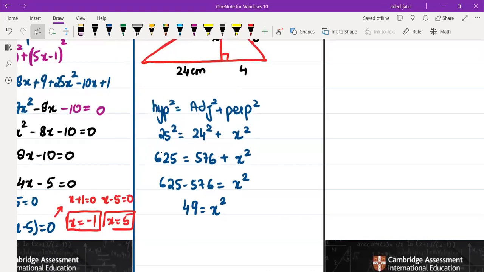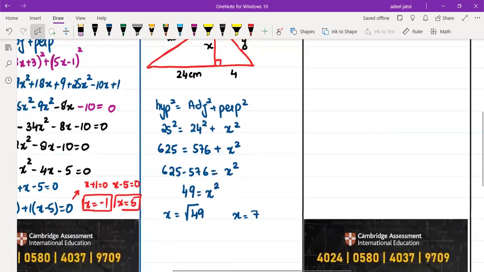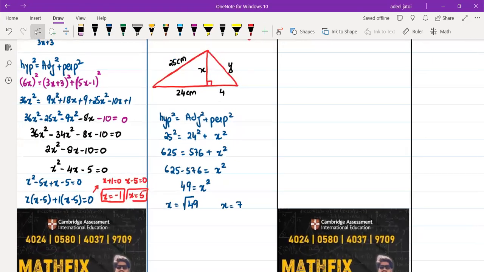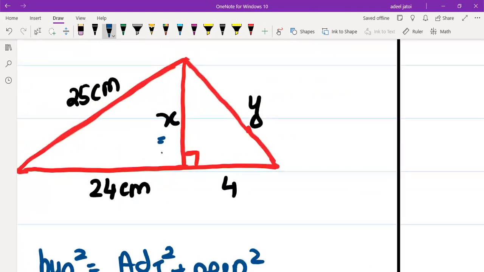Now, you need to find the value of x. Obviously, you can always take under root 49 because square changes to under root. So the value of x becomes what? 7. Now, obviously, you'll have plus 7 because your length will not be negative. Now, knowing that x is 7, we can write down x as 7 here.